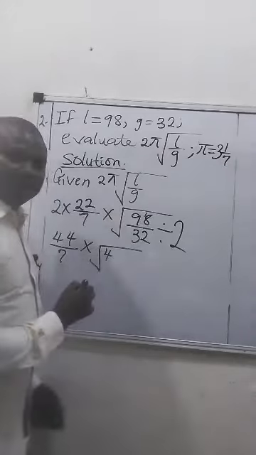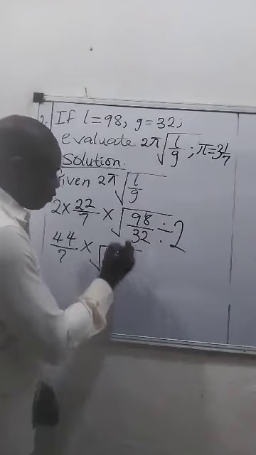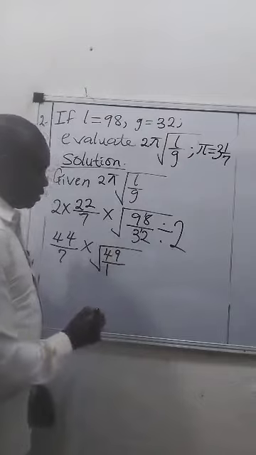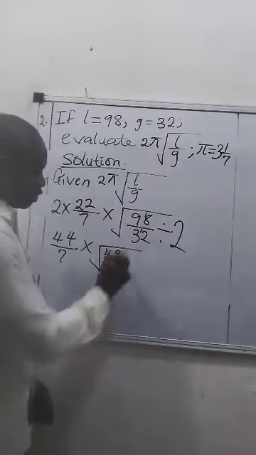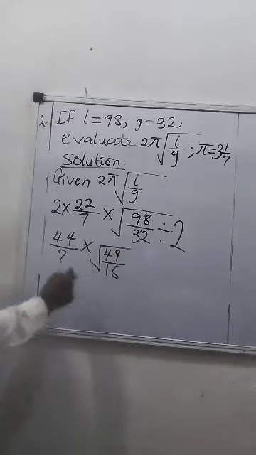Bring it to 8, becomes 18. 2 goes into 18 is 9. Then all over, 2 goes into 3 is 1, remaining 1, bring it here, it becomes 12. 2 goes into 12 is 6. Now we have a perfect square, 49 all over 16.